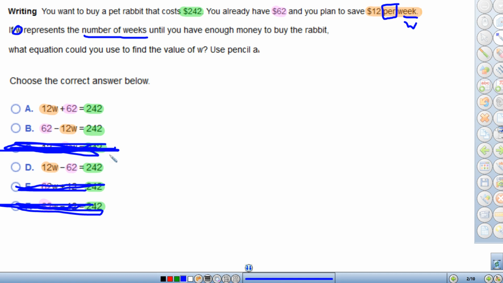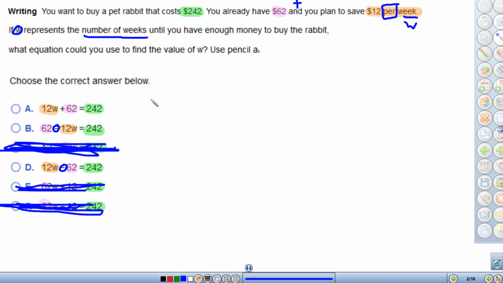Now we're only left with a couple extra things. Let's think about this logistically. You already have $62, and whenever you see and, I want you to think about plus. So $62 and $12 per week. Now both answer B and D show a minus, so that means you're subtracting something.